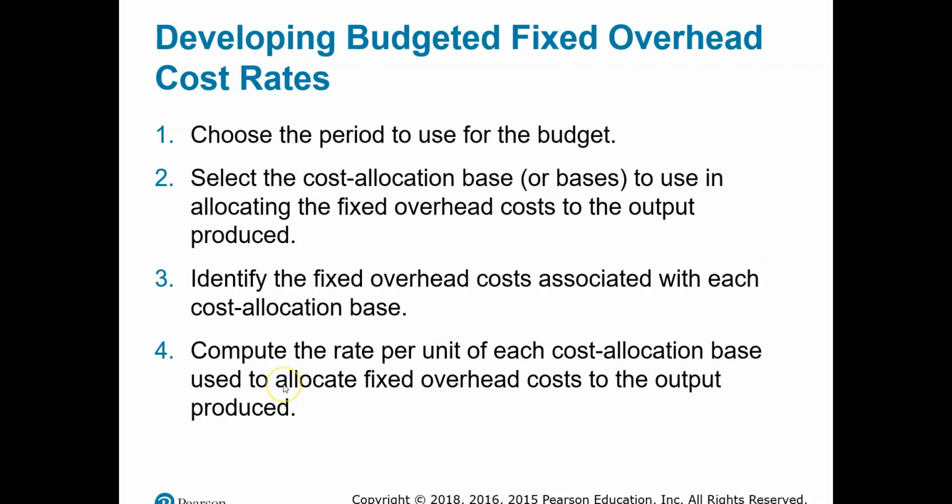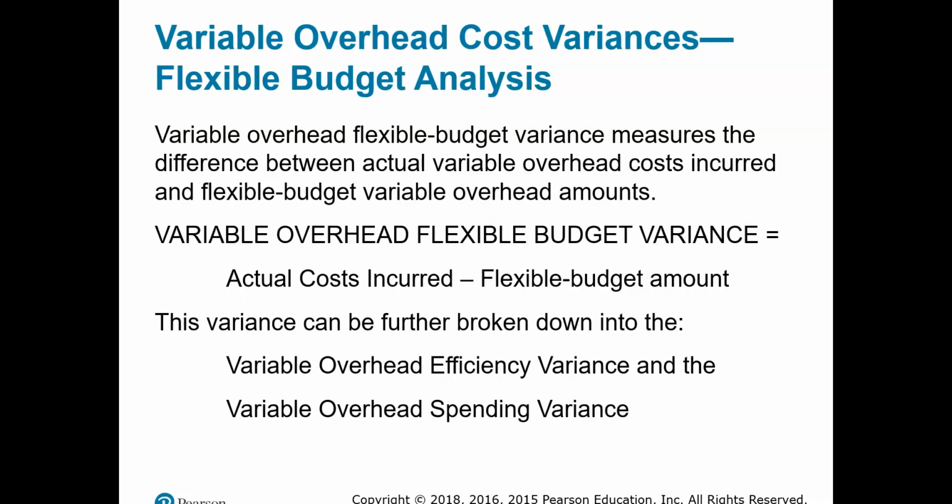Same thing with choosing budgeted fixed overhead rates. We're going to choose the period to be used, select the cost allocation base or the cost driver that drives those fixed costs, identify our fixed cost pools associated with each cost allocation base, and then compute the rate per unit of each cost allocation base for each cost pool.